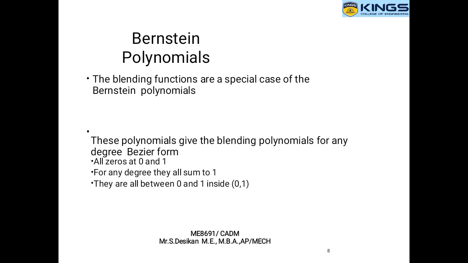Then for every basis curve and basis surface we go for a Bernstein polynomial, which gives the values in the equation from 0 to 1 based on the blending Bernstein polynomial. In some special cases a function goes to infinity or a negative value, but in the Bernstein blending polynomial, all values are between 0 and 1.